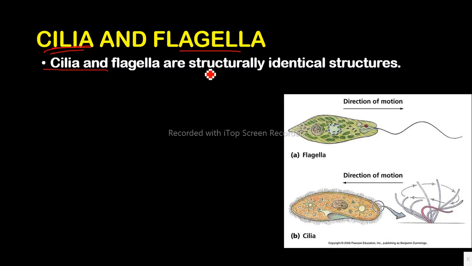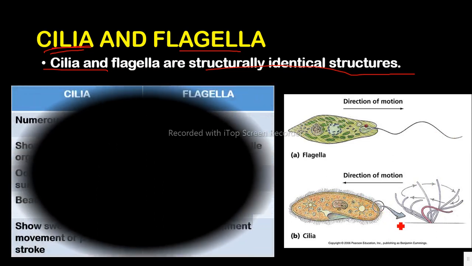Cilia and flagella are structurally identical, they have similar structures, but usually cilia are numerous, very many, short, small and slender, while flagella are few but elongated, and perform relatively similar functions. However, they also differ.